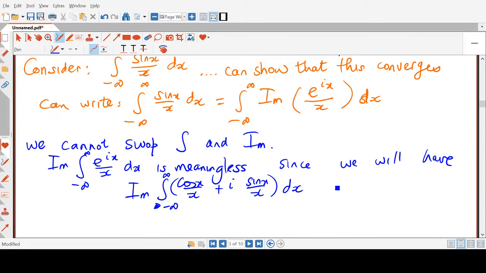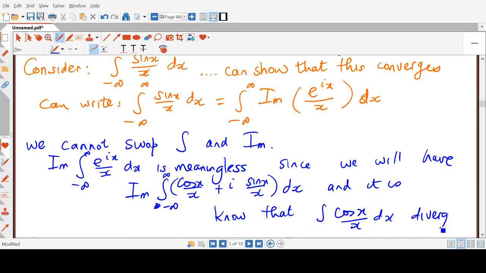And it is known that the integral of cos x over x dx diverges. So then this presents a problem. How do you handle a thing of this type? You can't switch imaginary and integral.